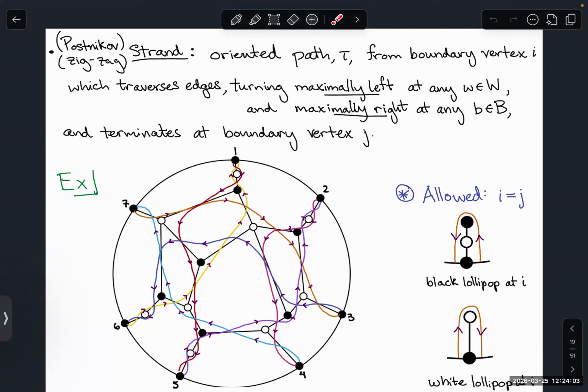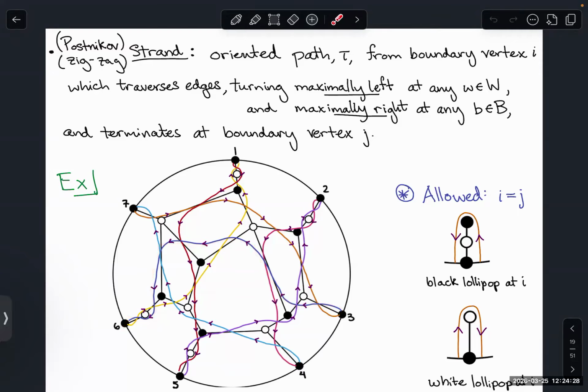You can pick out your favorite strand, for example this darker blue one: I turned left at a white vertex, right, left, right, left, right, left, and we ended. So we went from 3 to 6.